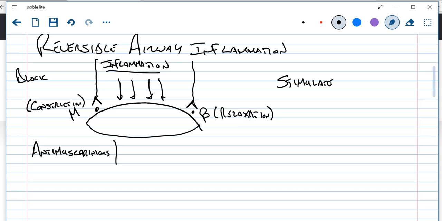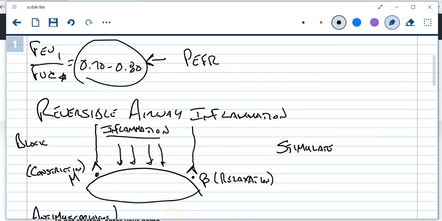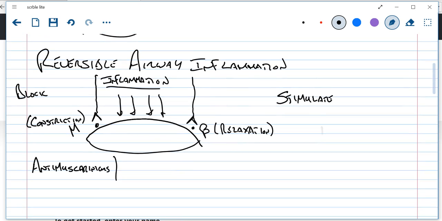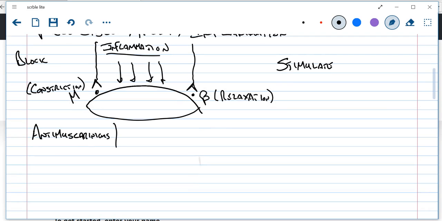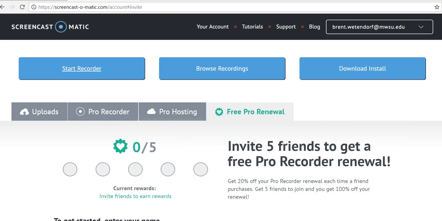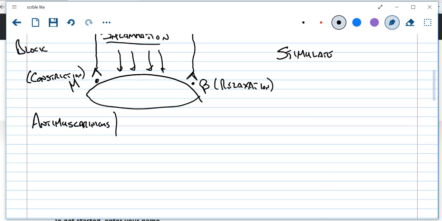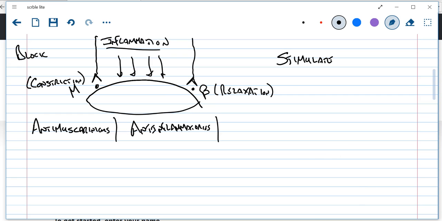And then we're going to have in between there our anti-inflammatories, although we aren't talking about NSAIDs, obviously. And then we're talking about our beta agonists.